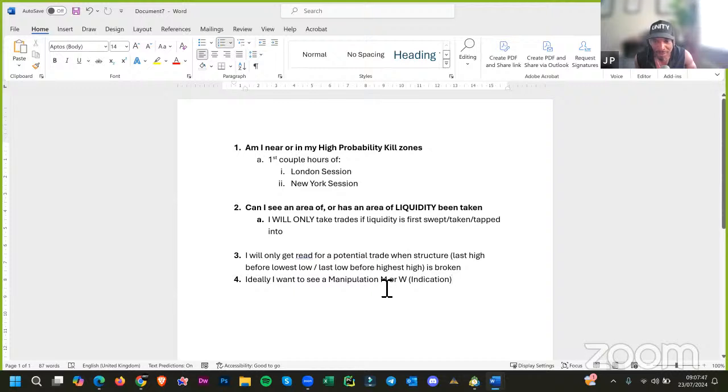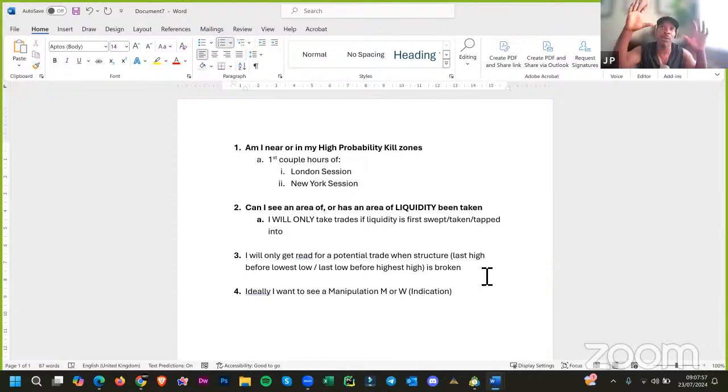Look at the M. I was seeing a meme where a guy in Italy was looking at a building, saying, oh look, indication, break of structure. He's looking at the roof line. But look at the actual M. The M is showing an indication by breaking some structure. But I just want to see a manipulation M or W. Ideally. Sometimes you won't get it, but ideally.